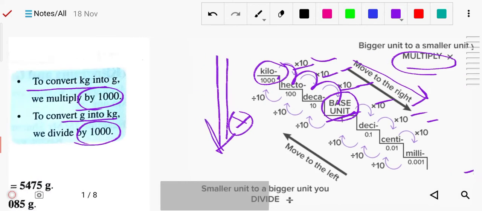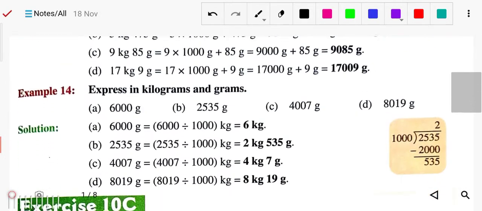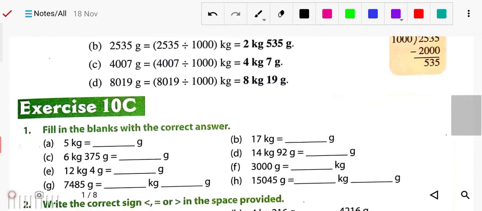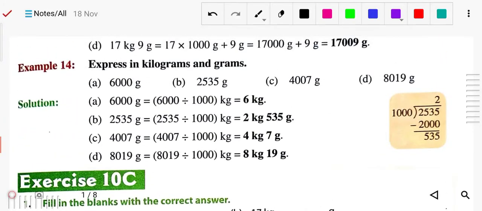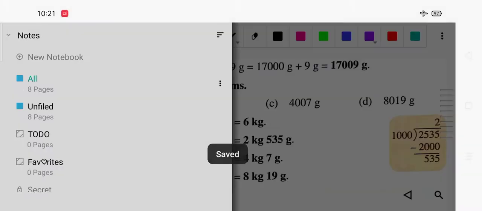Now let's see some questions from this. These are the examples. Likewise, this 6000 gram we have to convert into kilogram. So you simply divide by 1000.